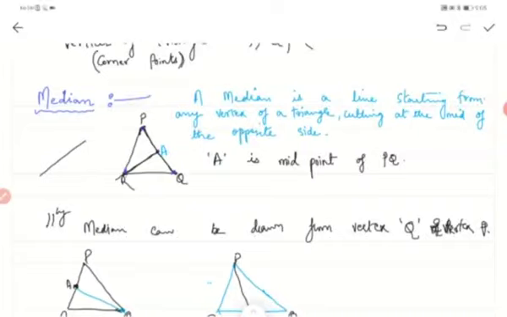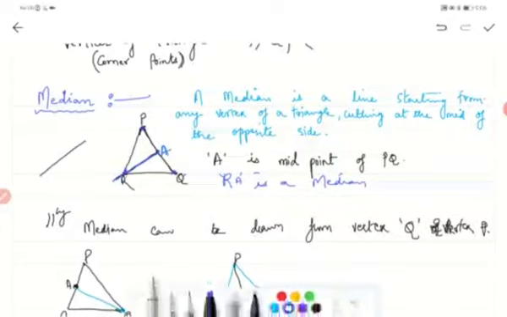This PQ midpoint is A. So this line RA is coming from the vertex R, and it is cutting at the midpoint of PQ. So I will say my RA is a median.